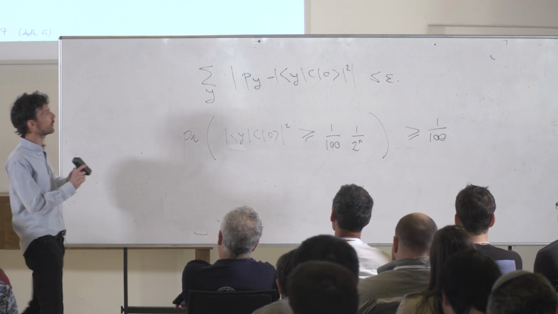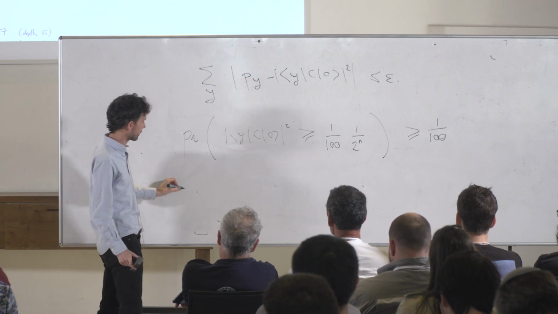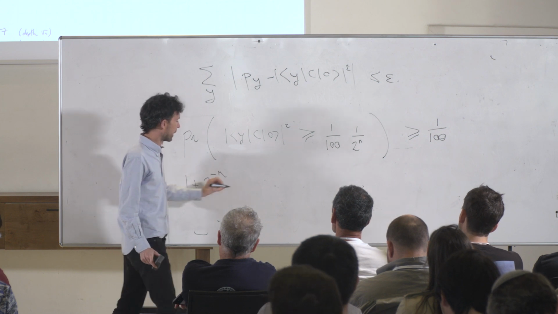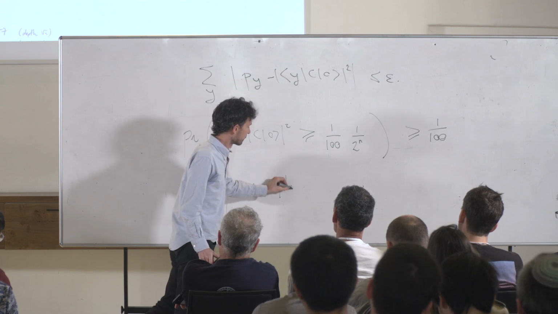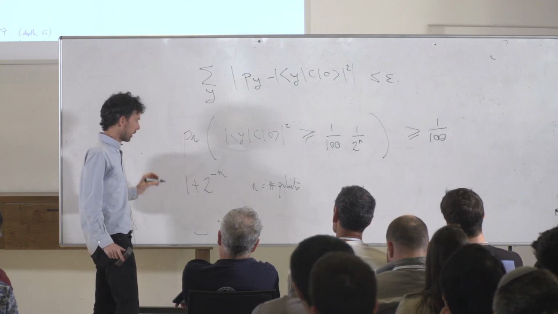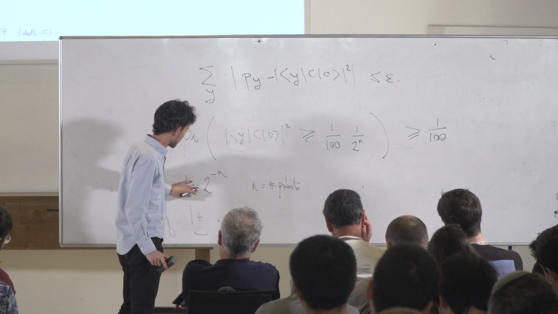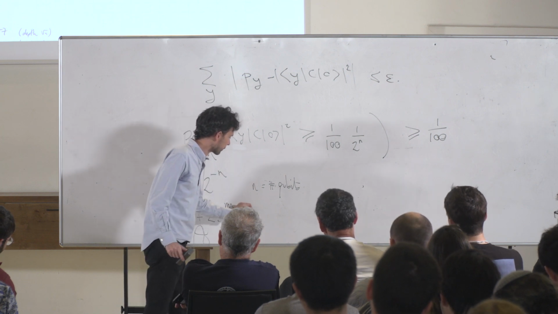There's a gap. It only works if you've been able to show that the multiplicative approximations are hard up to a factor 2 to the minus n, where n is the number of qubits. It needs to be hard for this, and then there's no gap. Everything is fine. What I said is that we could only show that it's hard to 2 to the minus m, where m is the number of gates.